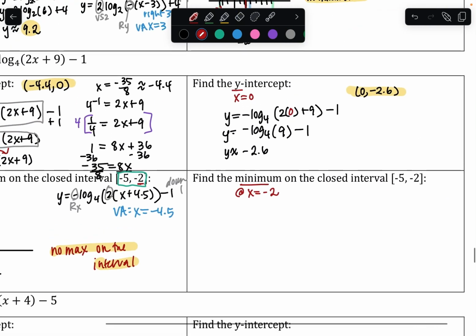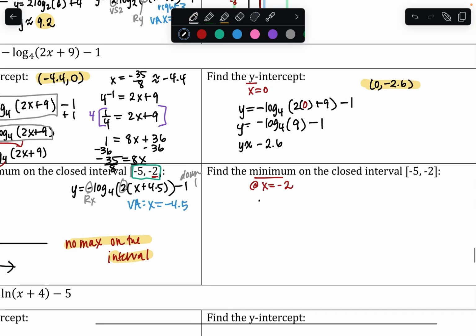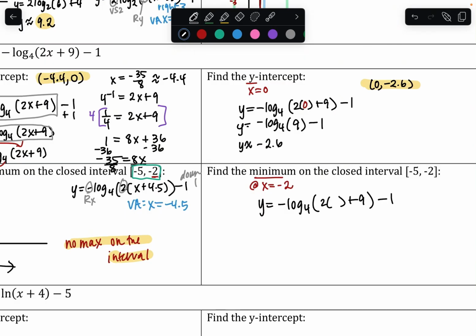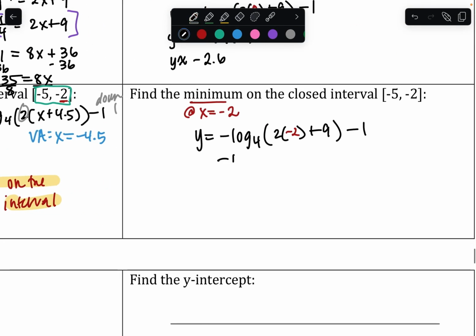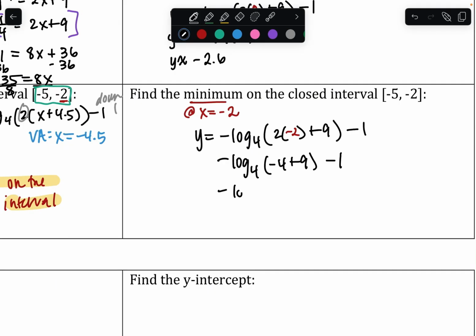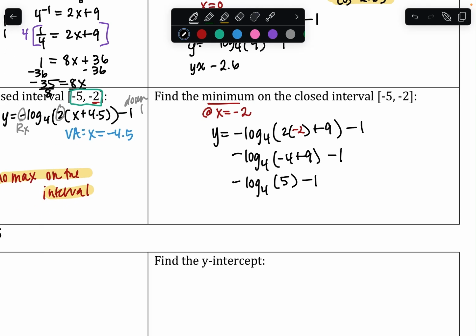And so I'm going to grab the original equation, y equals negative log base 4 of 2 times x plus 9 minus 1, and we're plugging in negative 2, which gives me negative log base 4 of negative 4 plus 9 minus 1, negative log base 4 of 5 minus 1.